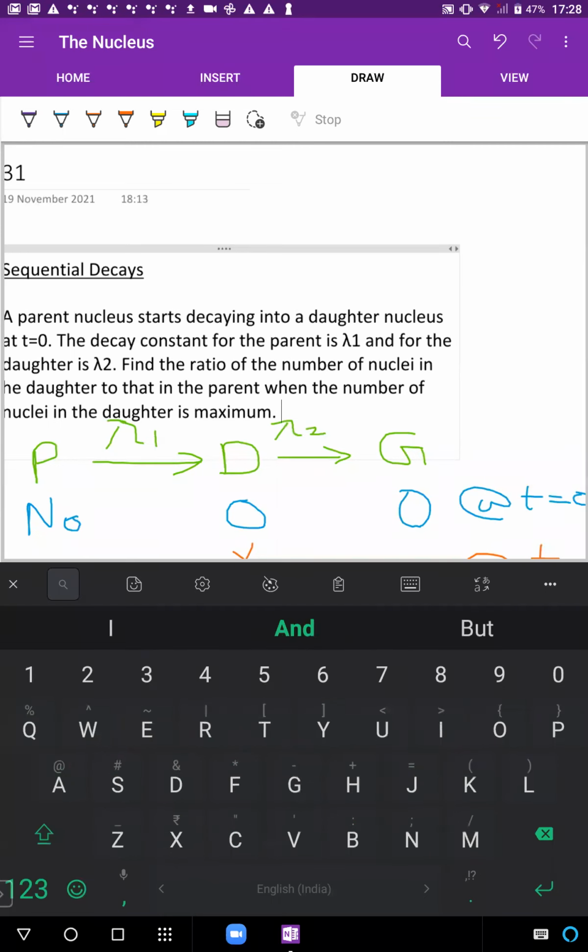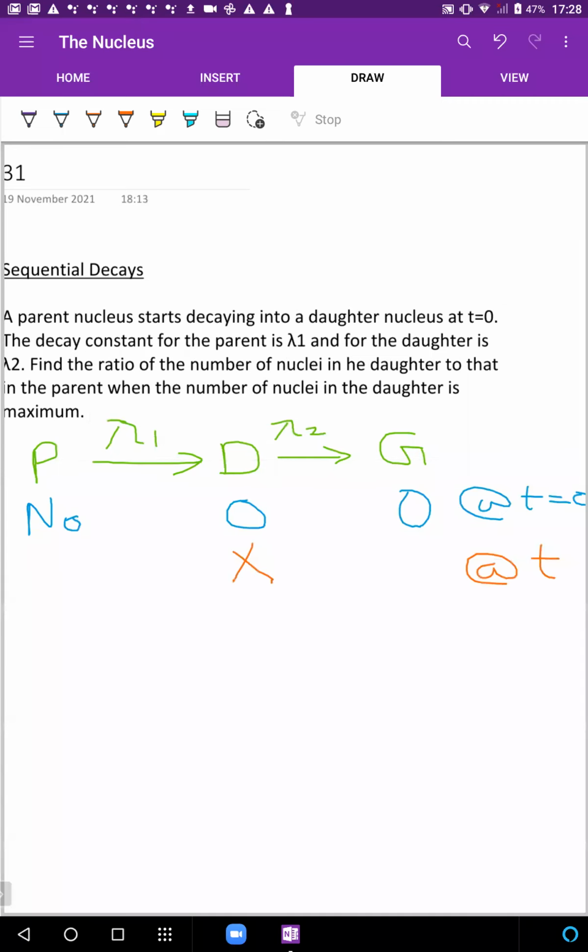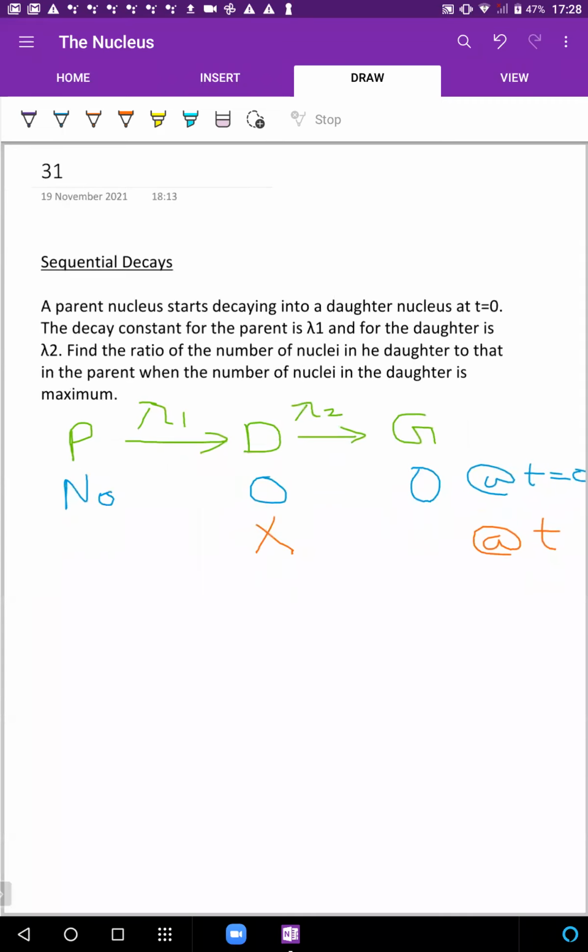My bad, I think I messed up, I made one blunder. Do this. Sorry, do this.